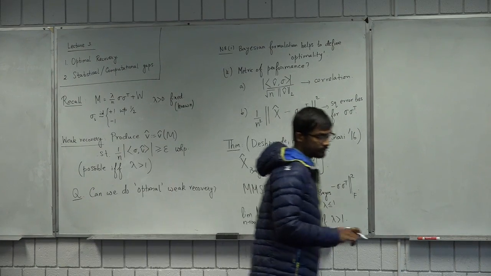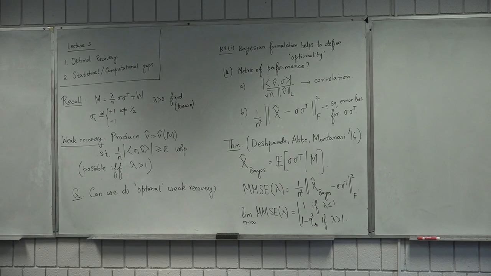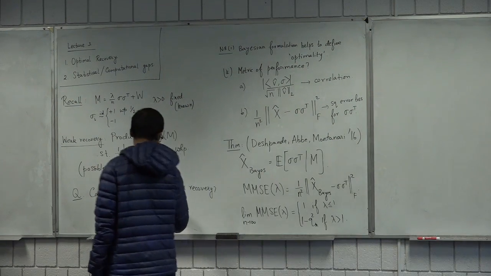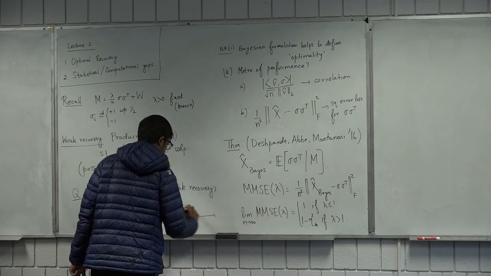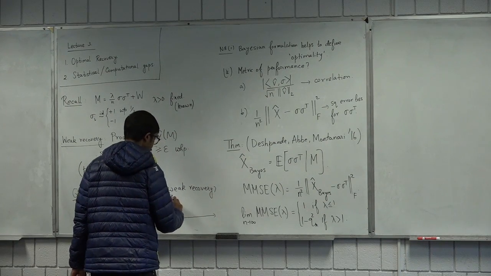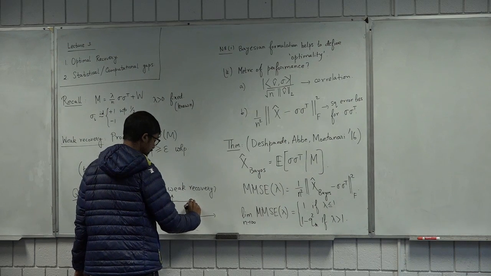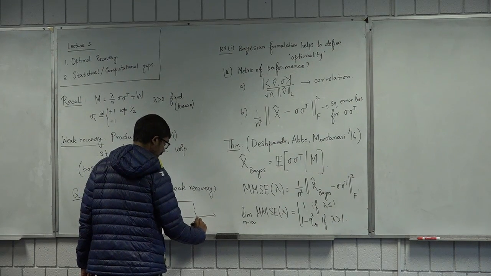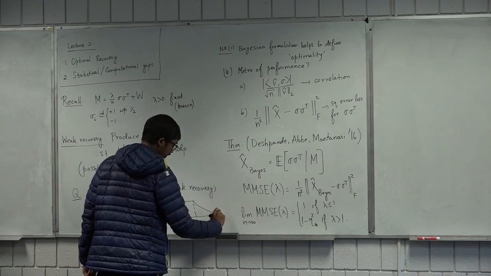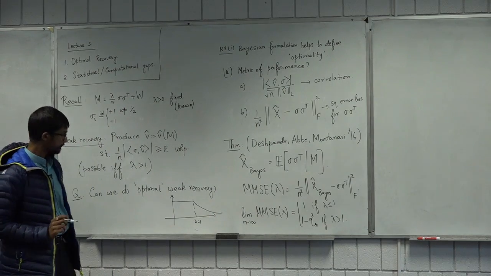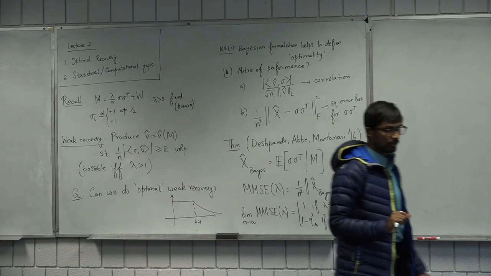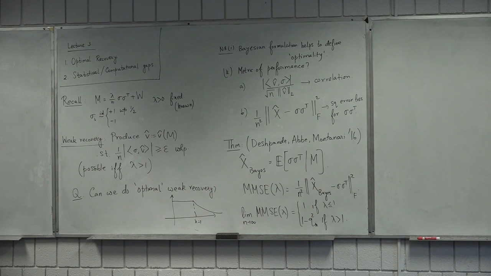Is that limiting thing continuous at 1, if lambda is slightly more? If you look at the limiting MMSE, at least for this problem, you don't have a drastic jump. It's up to 1, and then it decays.